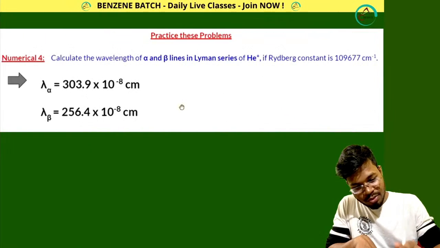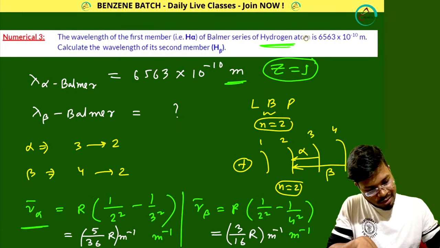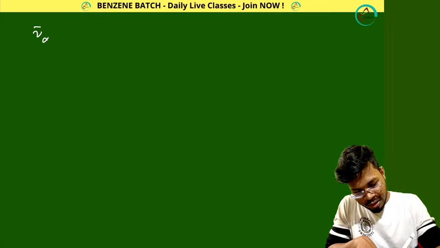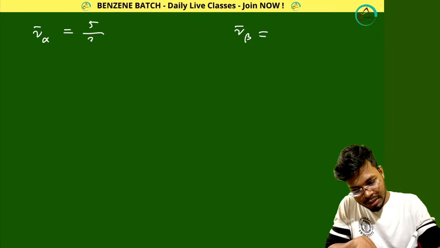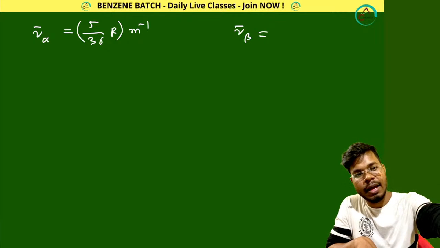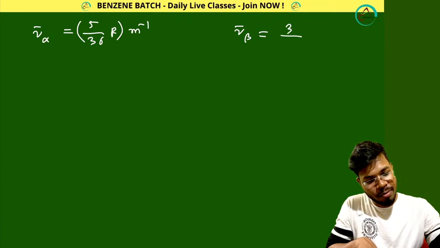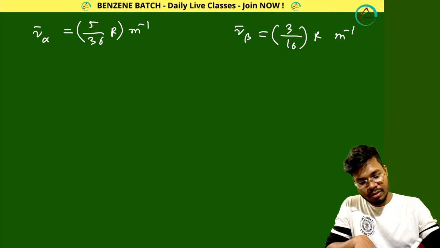So nu bar alpha means what? Okay, let me take this page again. Nu bar alpha, nu bar beta, 5 by 36 R meter inverse, and then 3 by 16 R meter inverse. Just do the division.